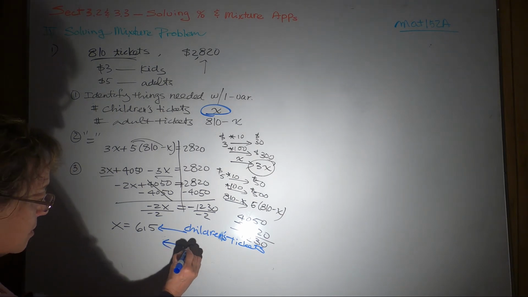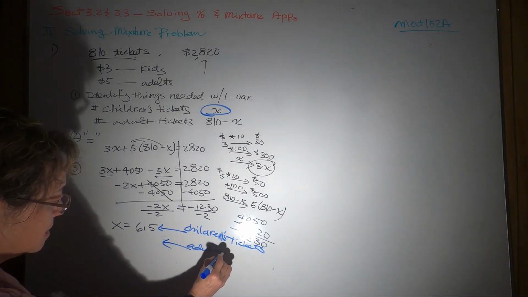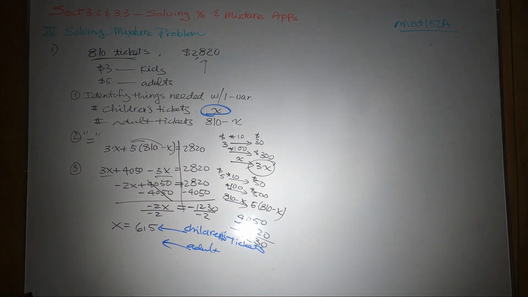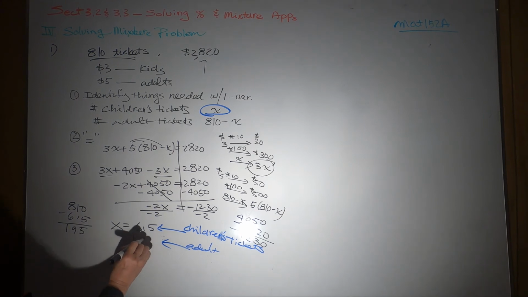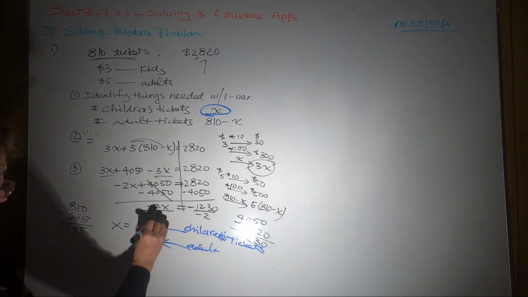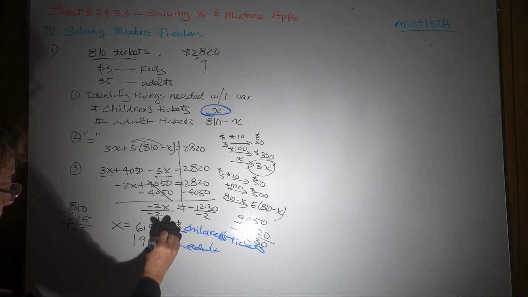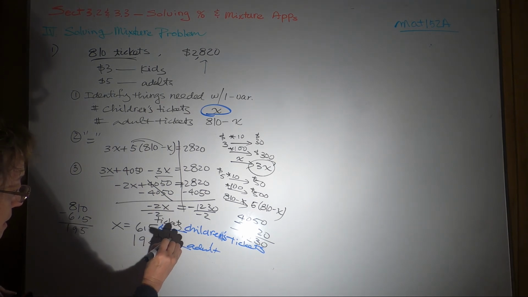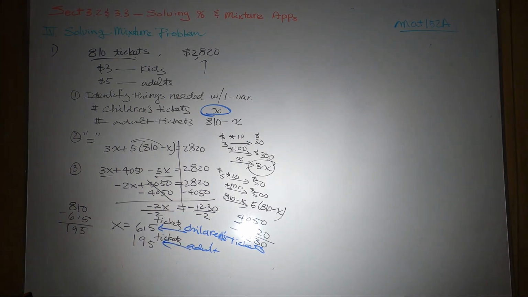Adult tickets will be, total is how many? 810, right? So you do 810 minus 615. So that would be how many? 195 tickets. So 195 tickets for adults, right?